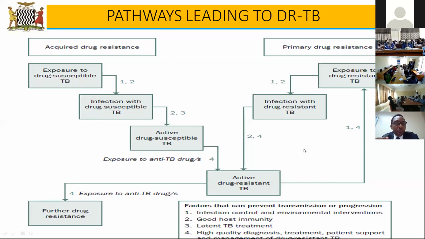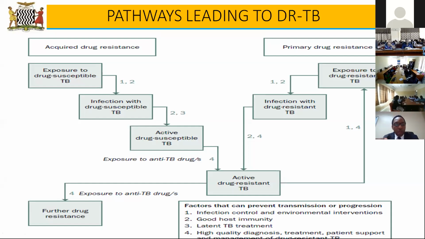Then the mechanism of acquired drug-resistant TB, which is also called secondary drug-resistant TB. So here, an individual has TB, and due to poor adherence, due to underdosing, they develop resistance. Or an individual who's developing TB for the second time, that is acquired drug resistance. That's how drug-resistant TB comes about.